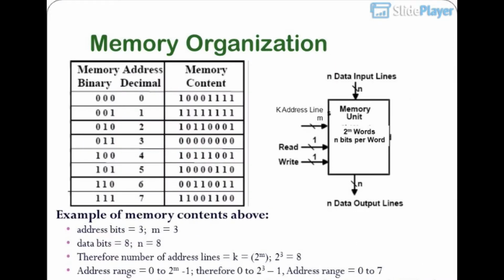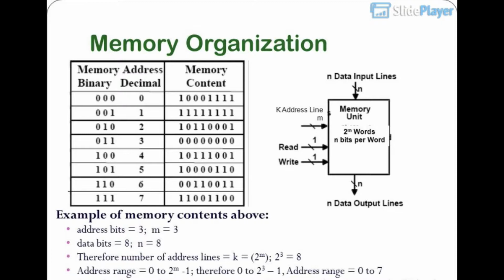Memory organization: example of memory contents above. K address lines, 2^K words, n bits per word. Address bits equals 3, K equals 3. Data bits equals 8, n equals 8.